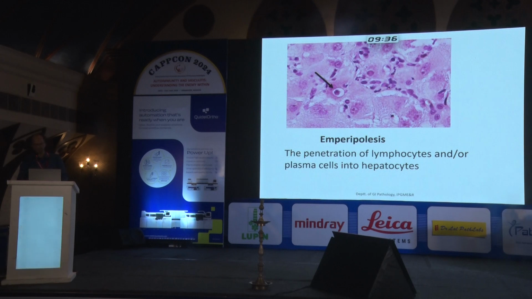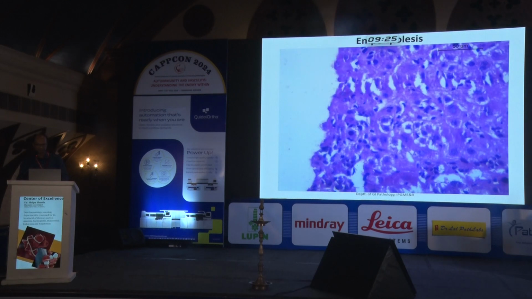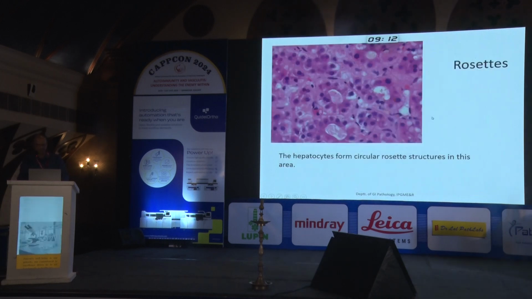Not like reticuloendothelial cells, here hepatocytes, which are epithelial, have undergone emperipolesis, and it is a typical feature of autoimmune hepatitis. Here also we can see. So in liver biopsy we have to hunt for these things because lymphocytes in sinusoids often get confused with emperipolesis.